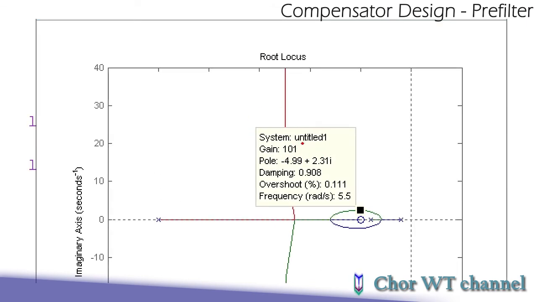This shows that if you apply a gain of 101, I can have a damping ratio of 0.908, which will result in an overshoot of 0.111%, which is quite good because it is still a very low overshoot. Then I will have a frequency, omega n, of 5.5. So let's do some calculation over here so that we know what we are going to expect.